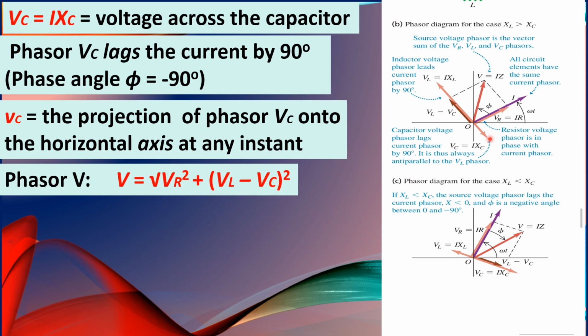And since X sub L is greater than X sub C, we get their vector difference and label it as V sub L minus V sub C. So that vector difference is represented by this dark arrow along the same line as the inductor voltage.